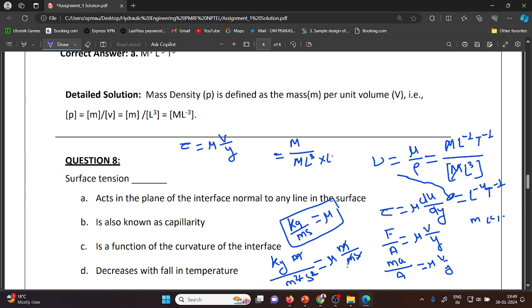That is L, and 1 second is there. So mass cancels. So L to the power 4, L4 by T minus 1. So this is like that. But what is the unit of kinematic viscosity? Meter square per second, sir. Yeah. So L square by T. This should be. Yes, sir. Where are we making the mistake?